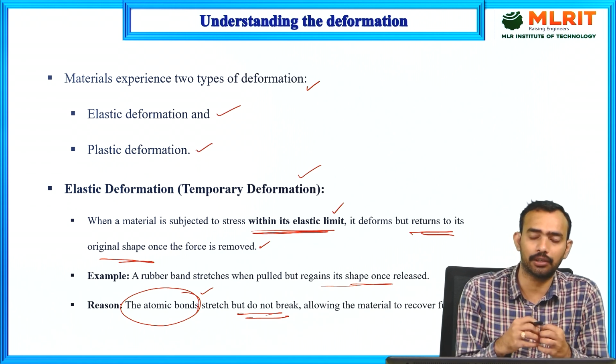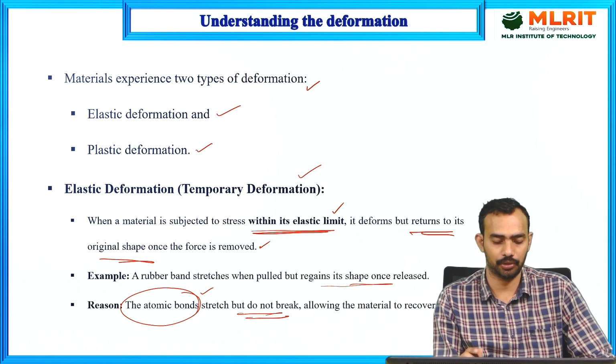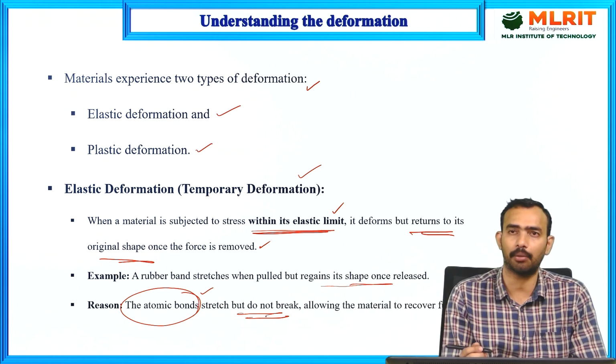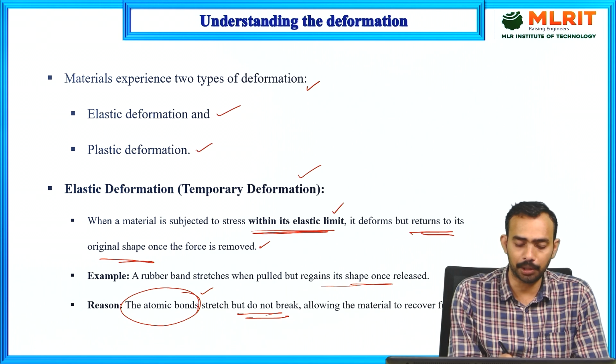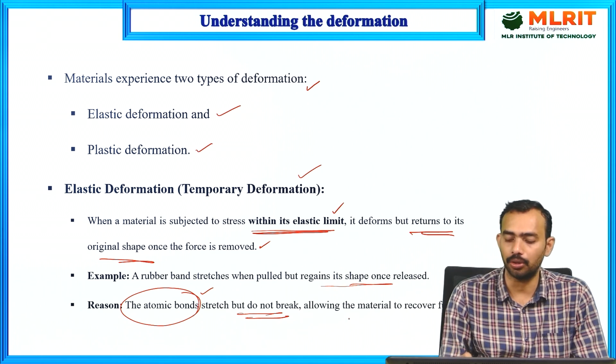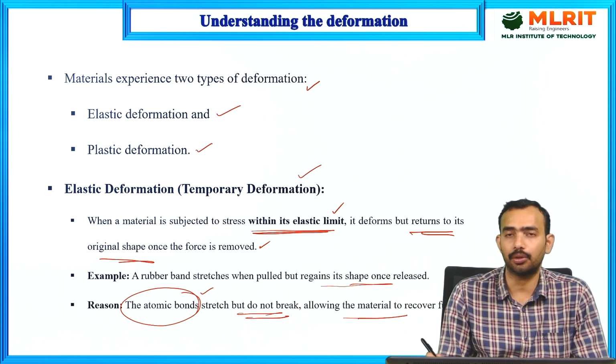That will not happen because the stress being applied is sufficient to break the bonds in the case of plastic deformation. In the case of elastic deformation, these atomic bonds are not breaking, and so that allows the material to recover fully.